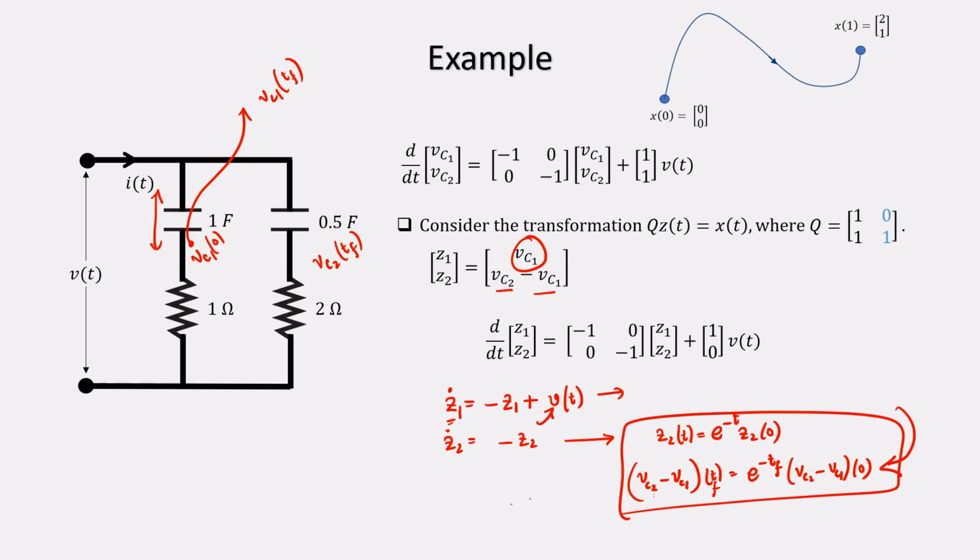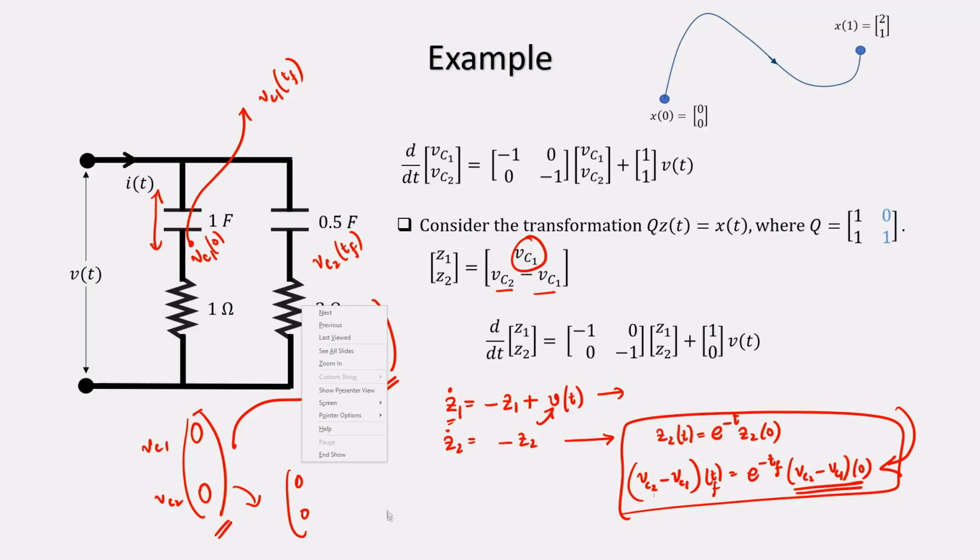So, in this case it only depends upon the initial condition of Vc2 minus Vc1. You cannot give me an arbitrary point. Suppose initially the capacitors are charged and you need to go to, say, 3 1. This is not possible.